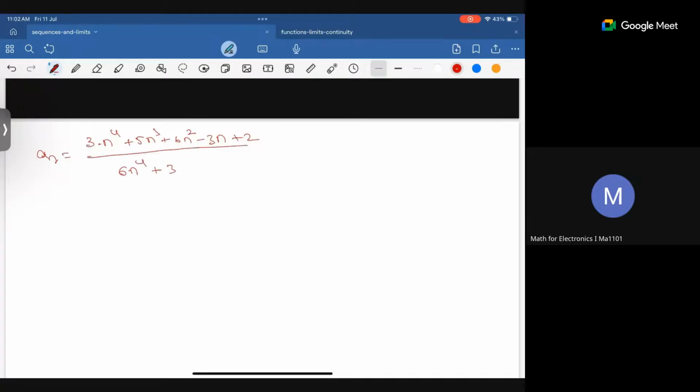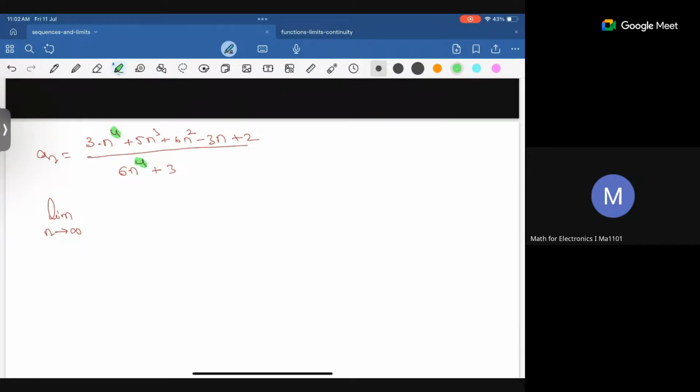When you have such big expressions and you have to find the limit of the sequence, there is a very easy shortcut: take the highest power as common in the numerator and denominator. So see what the highest power is in the numerator and denominator first. The highest power is 4 in the numerator and 4 in the denominator.